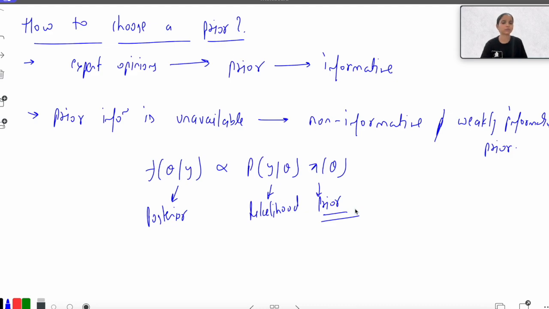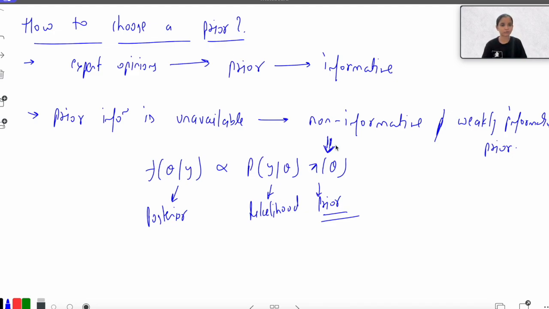Why waste that information? But if I don't have any prior information, then I cannot give more weightage to this pi of theta, because that will not give me a valid result for the posterior distribution. So at that time we will choose a prior which is weakly informative, which will not affect my posterior distribution that much.